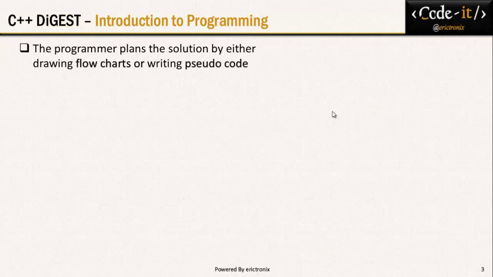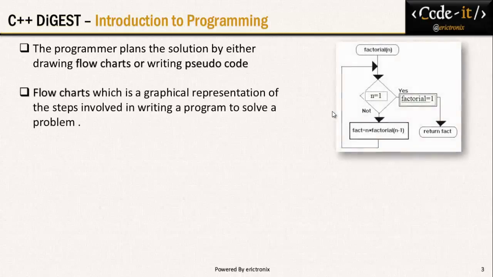During the planning phase, the programmer plans the solution to the problem using either flowcharts or pseudocode. A flowchart is a graphical representation of the steps involved in writing a program to solve a problem. The concept of using flowcharts is beyond the scope of these tutorials.